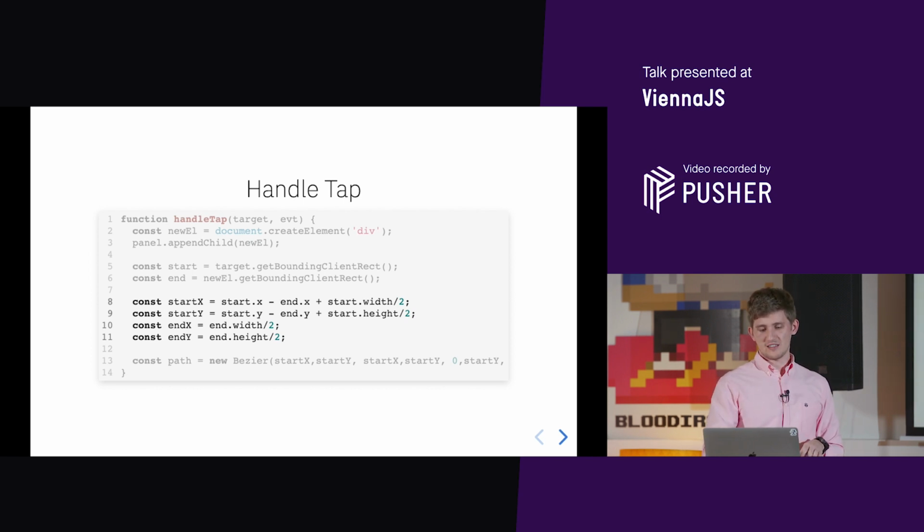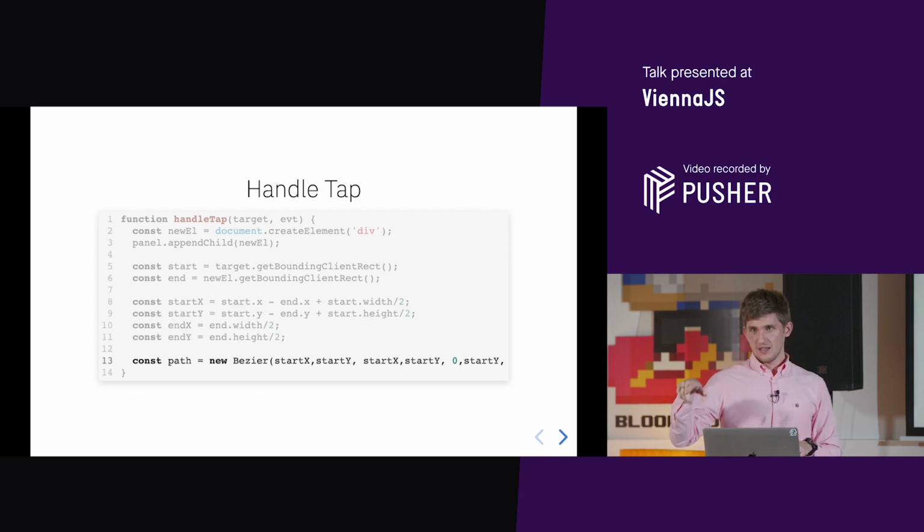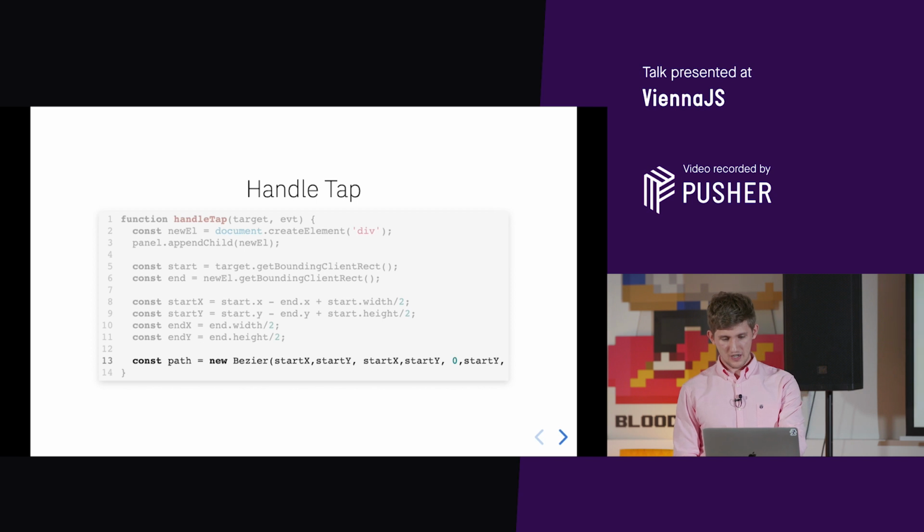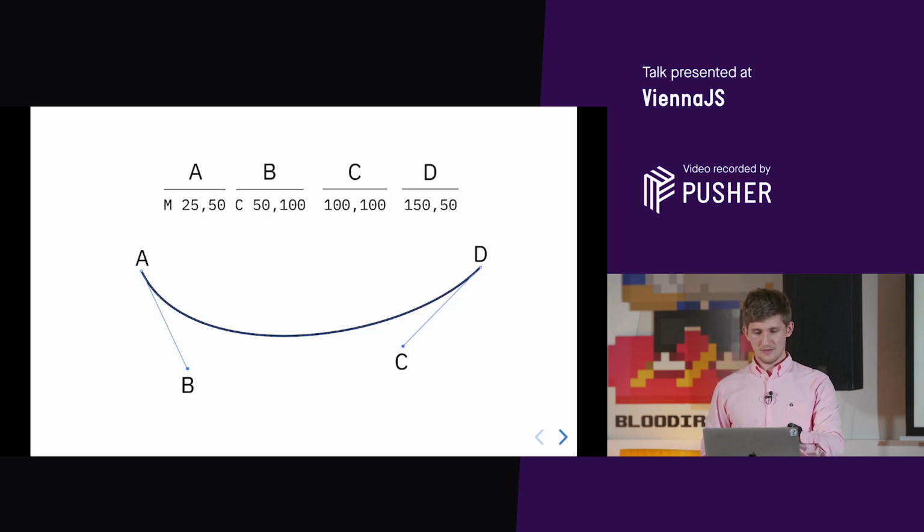So I have startX, startY, endX, and endY, and I can build a Bezier curve to show the line which the object is going to use. Here I use startX, startY. This is all simple. Basically you have 4 points that you need to describe, A, B, C, D, and that's how you define the curve.